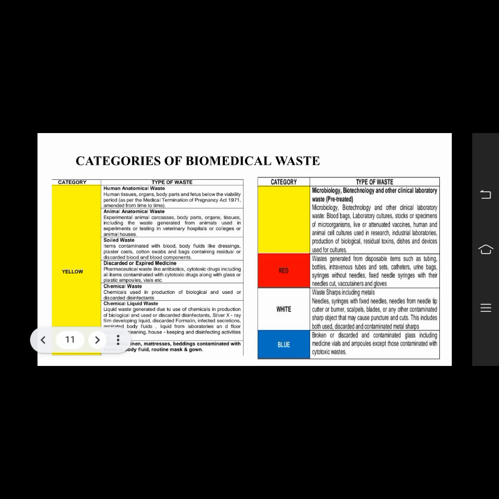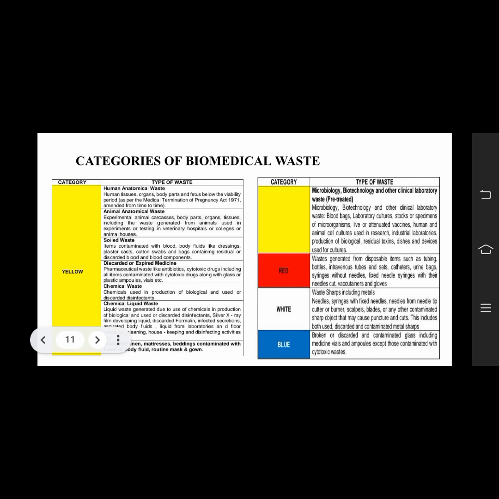When we come to the yellow category or yellow bin, we are going to discard all the anatomical waste, all the chemical waste, or the microbiology waste, which is produced in the microbiology lab, or the soil waste, or the anatomical waste.